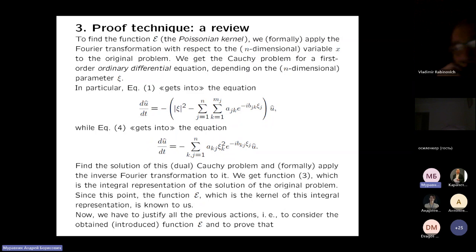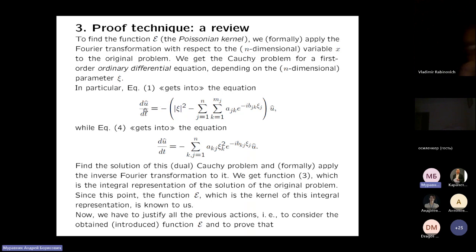So I have to prove that it exists, etc. I do nothing like this. I apply it formally and use the fact that differential operators and translation operators are Fourier multipliers.